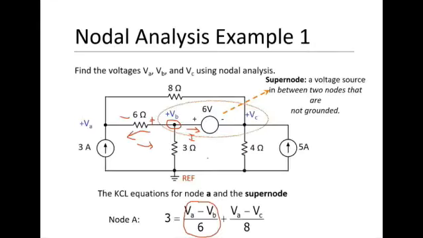And then there's the current that's flowing through here. Let's assume that the current is flowing out of the node B. You get VB minus 0 over 3. That's the current that is passing through this resistor.